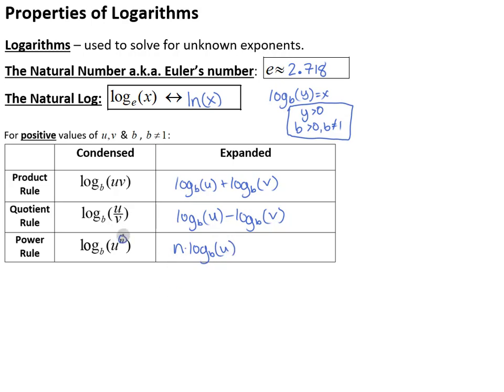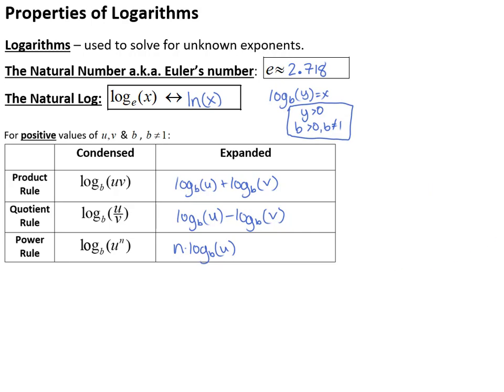So this n just comes out and becomes a multiplier times our logarithm there. Okay, but you can only pull that out if n is acting on everything inside of your logarithm. If, for instance, you had something like 5x squared, where that exponent of 2 is only acting on x and not the 5, you cannot take that exponent out as is. You'd have to do some more manipulation.